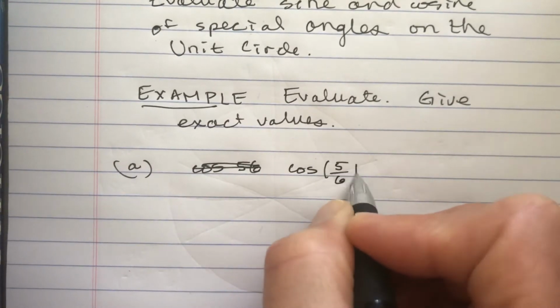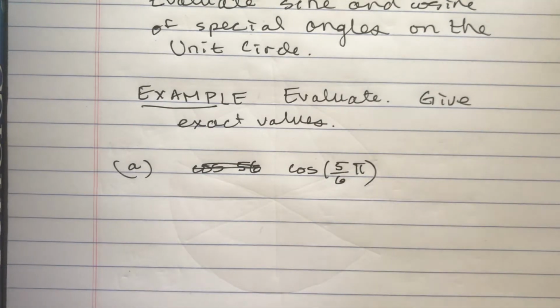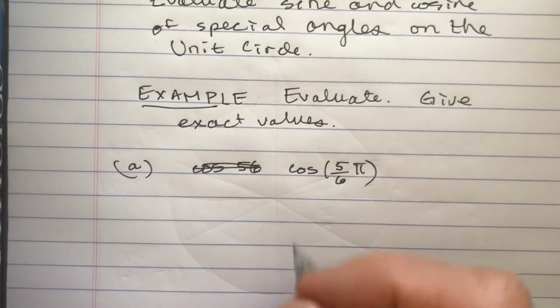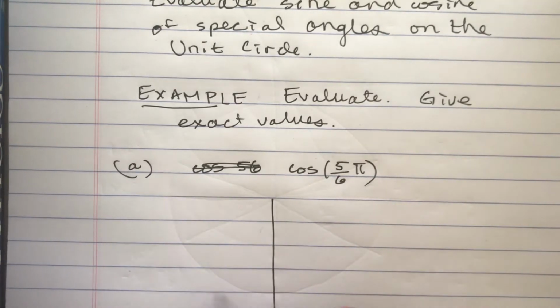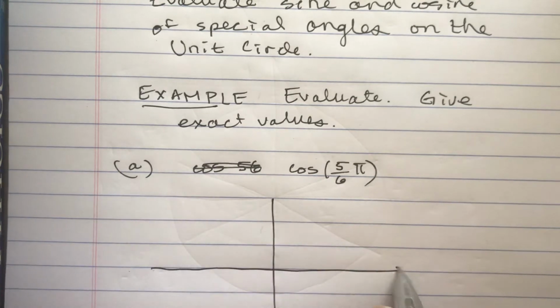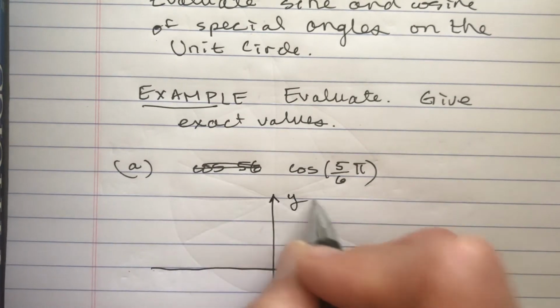All right, so one thing you could do is refer to the notes that I've written down where I show the unit circle. But I want to suppose that I'm starting from scratch here without that.